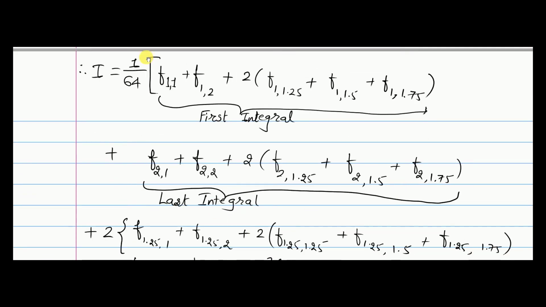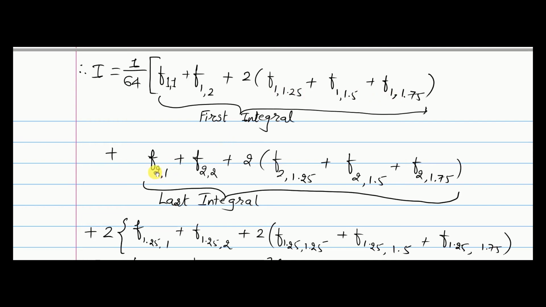The last integral will be f(2,1) plus f(2,2) plus twice f(2, 1.25), (2, 1.5), (2, 1.75). Just see here, we had 1, then 2, and then the remaining entries in between will be twice the total summation of all these remaining entries.